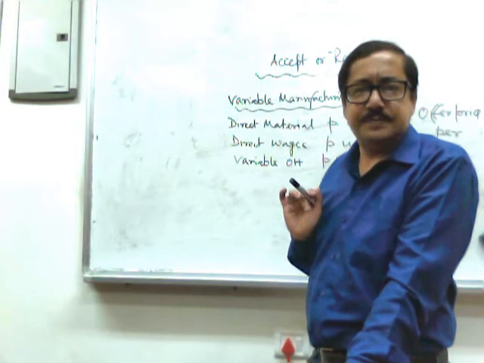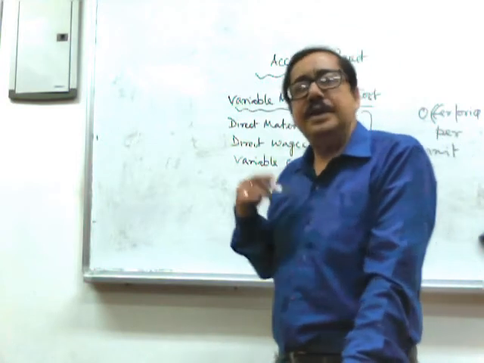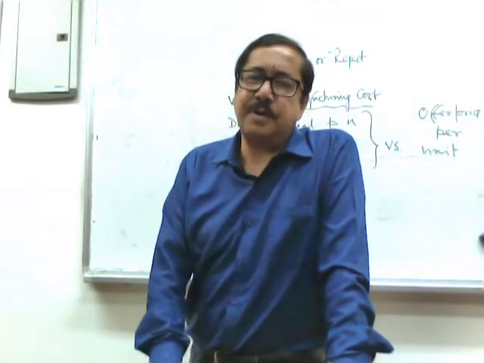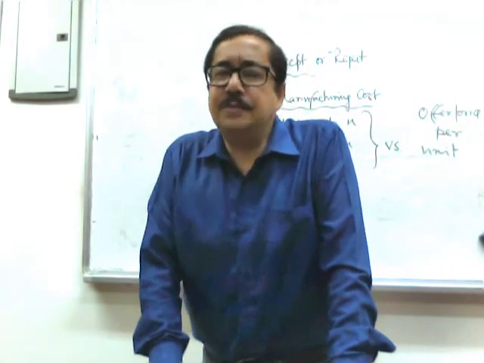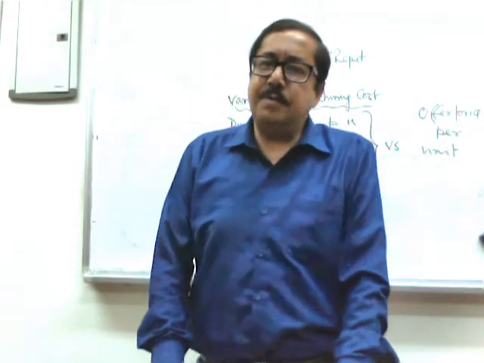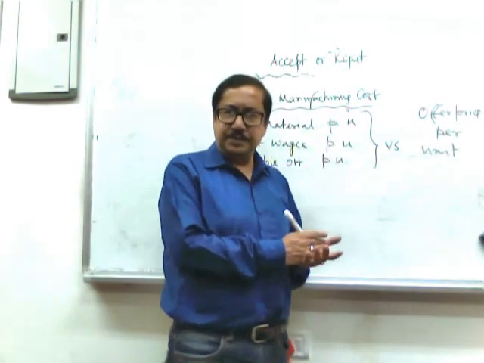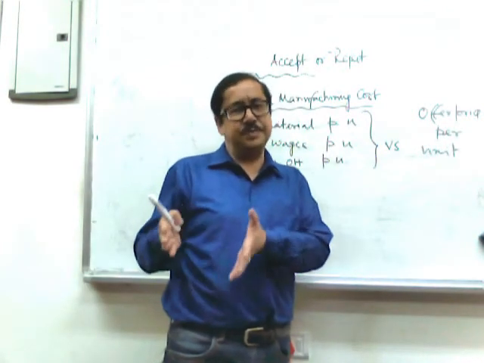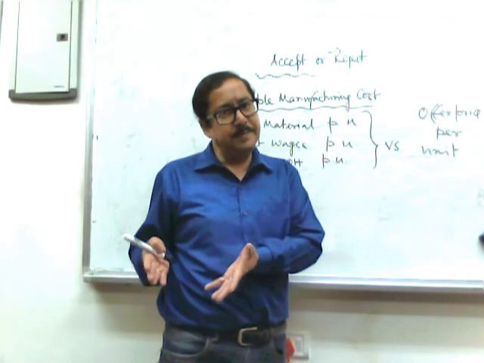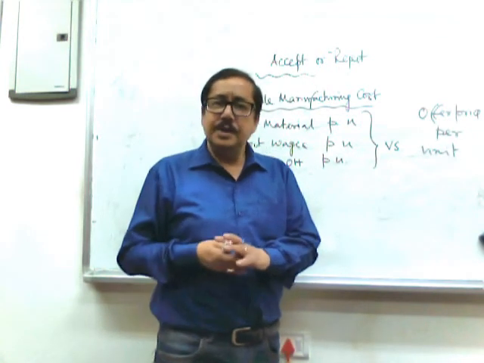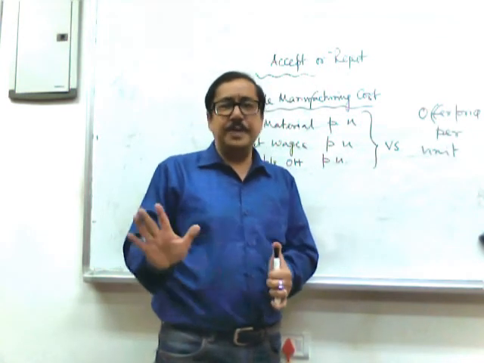If we get some profit till then, we will go for it. If we don't get a profit, we will reject it. Although the contribution is positive, if after deduction of fixed cost we find it is negative, then we will discard it and not accept the offer.